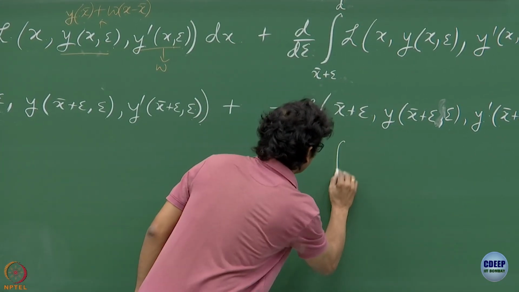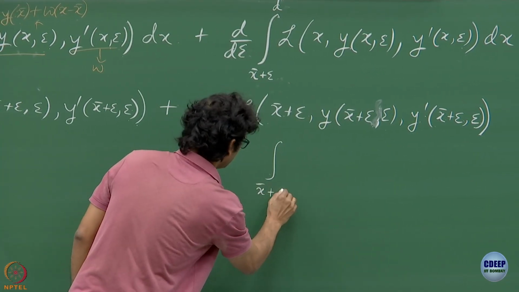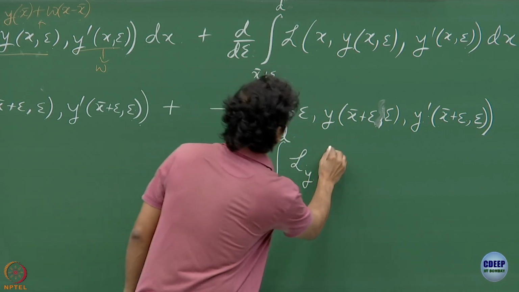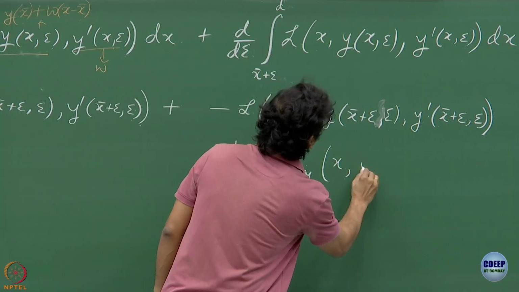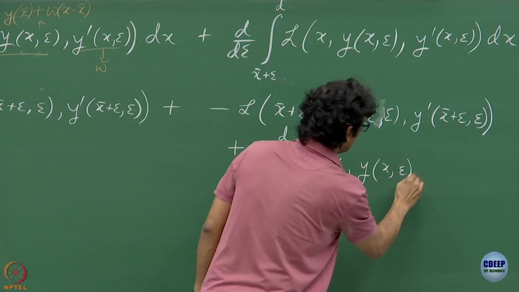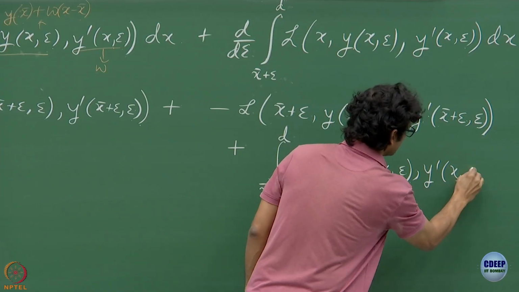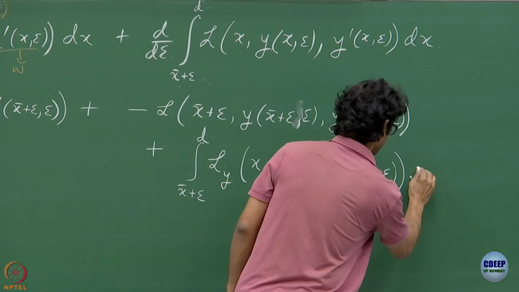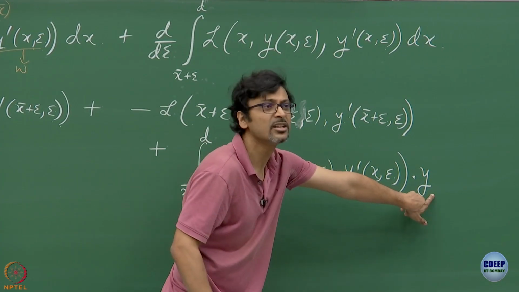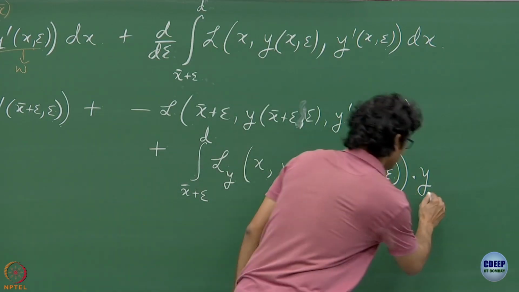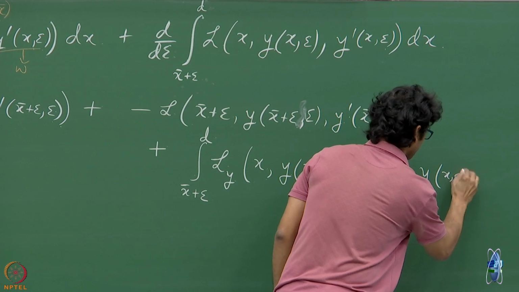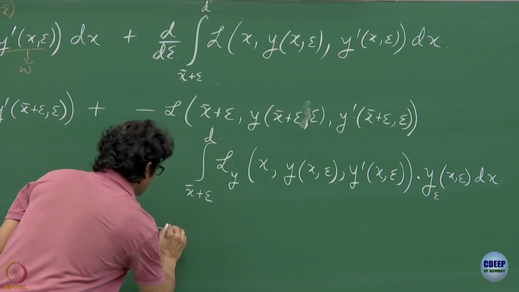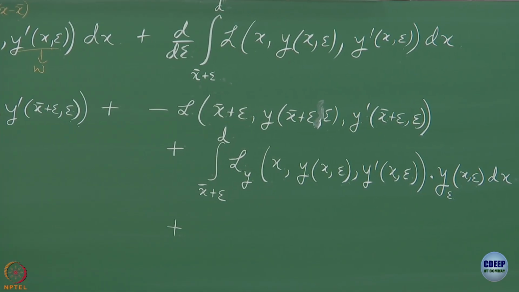Let's do that. So we'll write this integration as x bar plus epsilon to d of L y x, y x epsilon, y prime x epsilon times y subscript epsilon, plus what else?